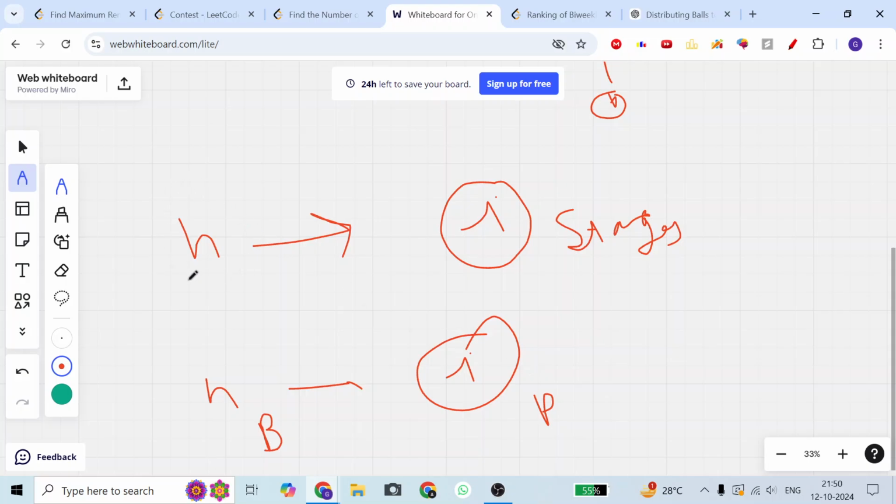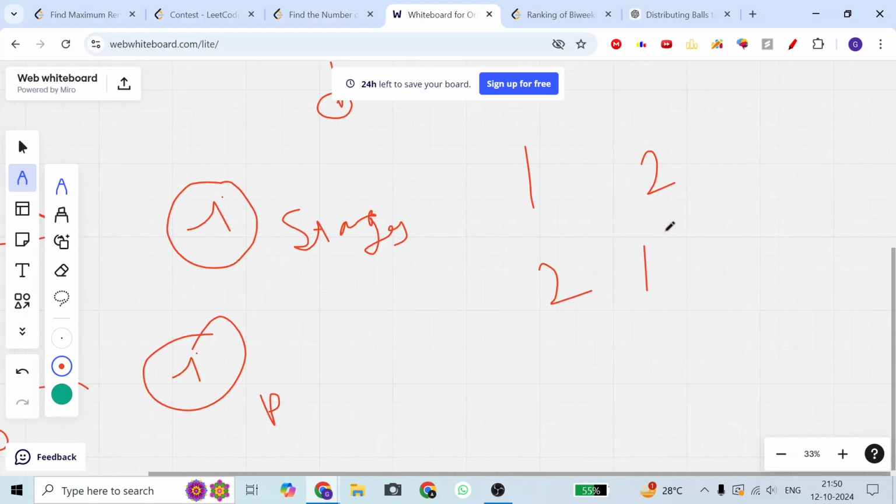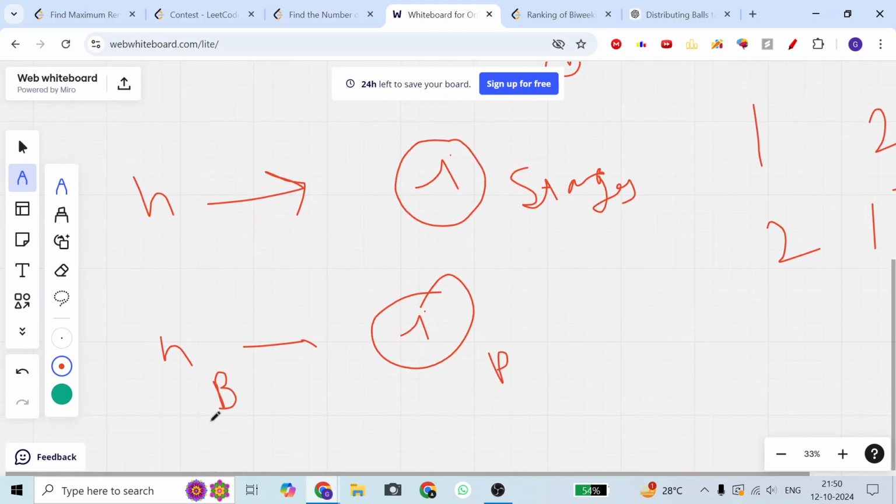And here all the performers are different. If I am assigning performer 1 to this stage and performer 2 to this particular stage, or performer 2 to this and performer 1 to this particular stage, these are two different combinations. So all the performers are different. So n distinct balls to i people so that all the i people should get at least one ball.